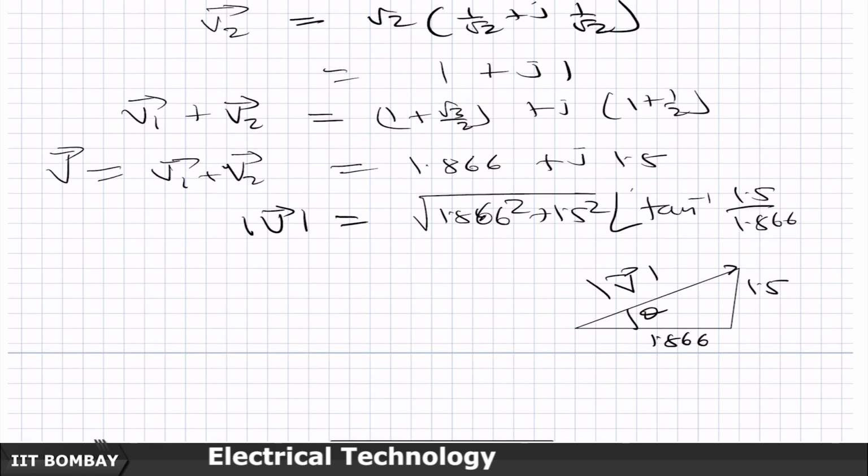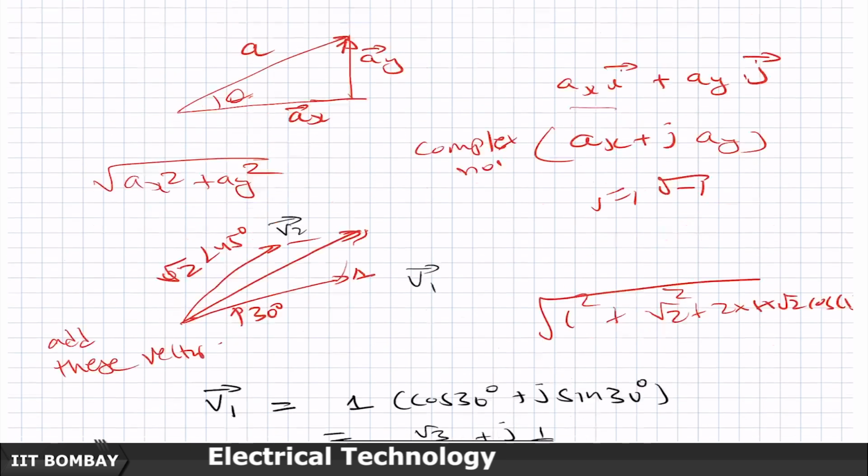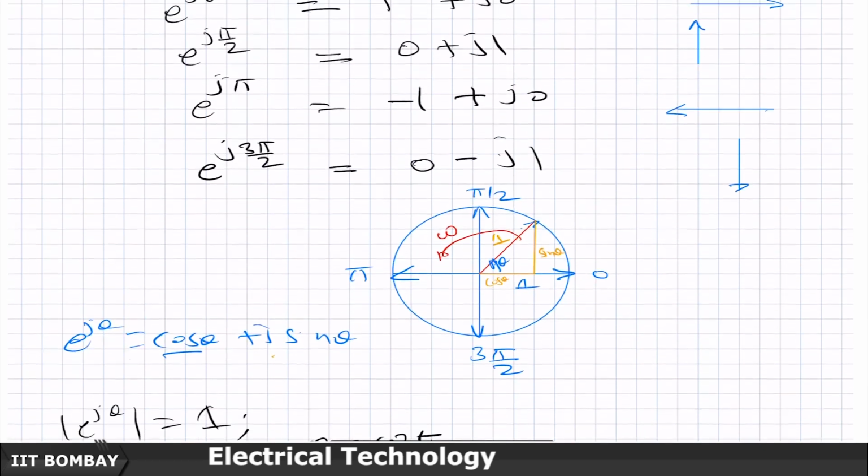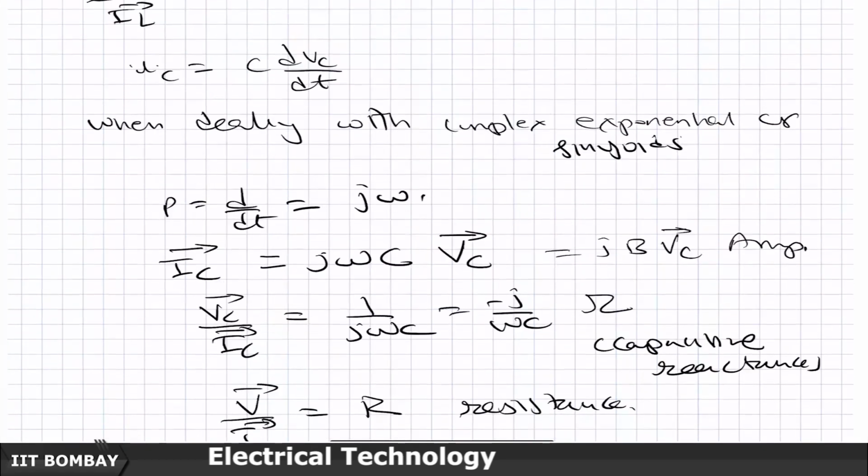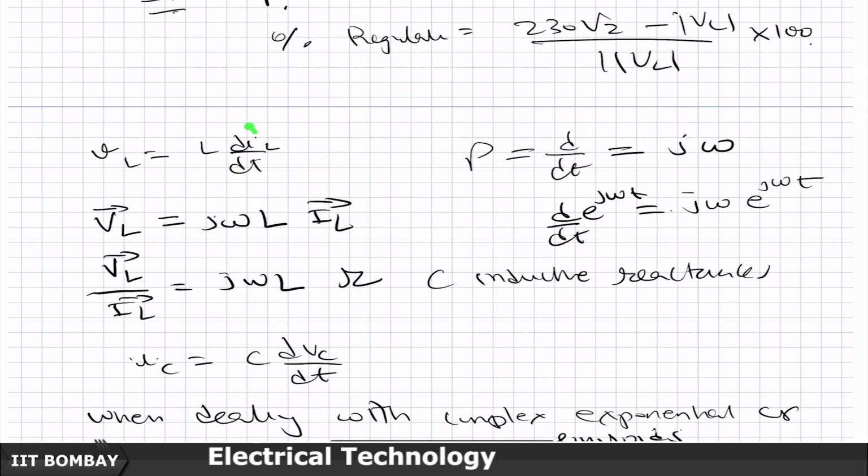So, you can see comparative to parallelogram law, doing it through complex numbers is so much easier, and because of what I did here, you can also see that the d by dt operator can be replaced by j omega. Because of this, it is able to handle differential equations also.